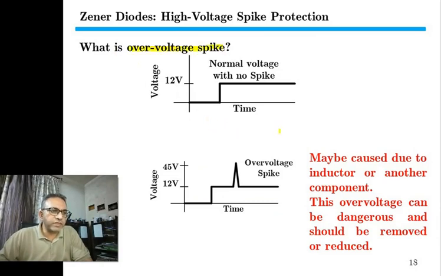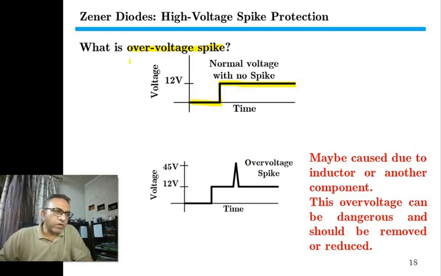We see a graph. On the x-axis is time, on the y-axis is voltage, and we turn on the switch, and as a result the voltage which was 0 now turns on, and it remains at 12 volts, very stable.